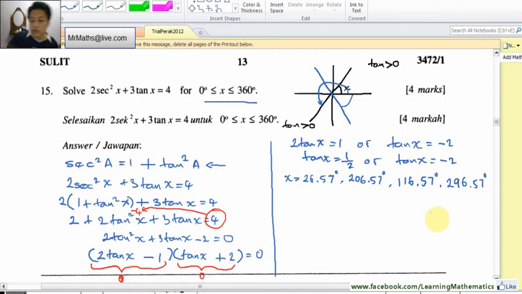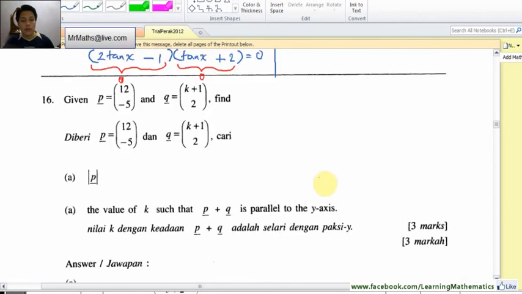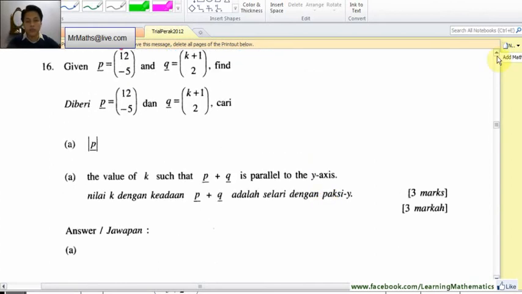Let's move on to the next question. Number 16 is a vector question. Vector p is 12 minus 5 and vector q is k plus 1, 2. Find the modulus of p. So the vector p is equal to 12i minus 5j.